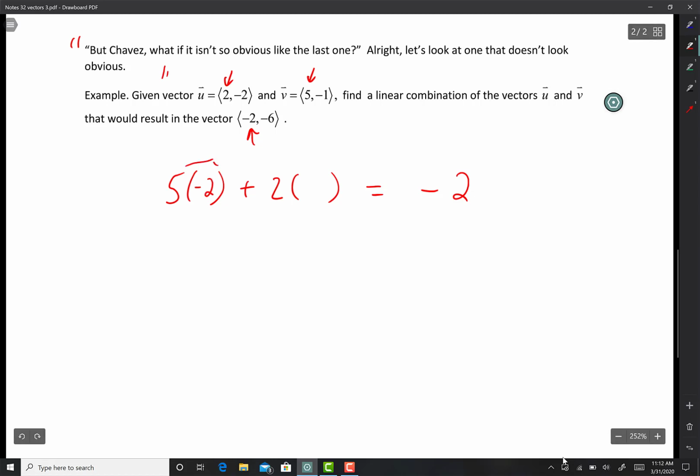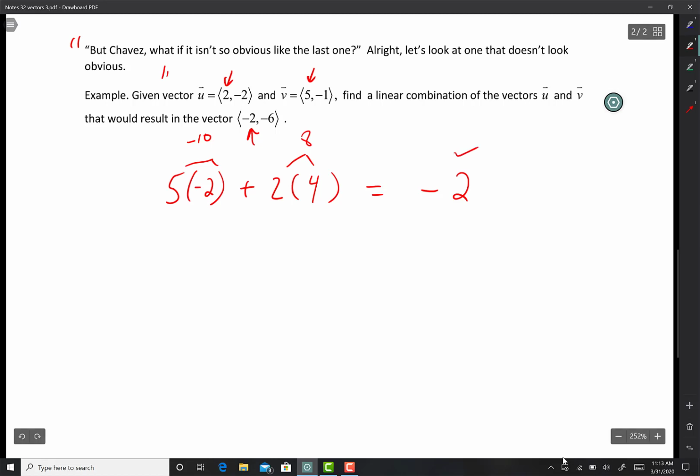So right now this is negative 10. Now, how do I get from negative 10 to negative 2? Well, I'm going to have to add 8 to it. I already have the number 2 here, so in order to get to 8, I'm just going to make this a 4. So 5 times negative 2 is negative 10, and then 2 times 4 is 8. And if I add those, I will get negative 2.